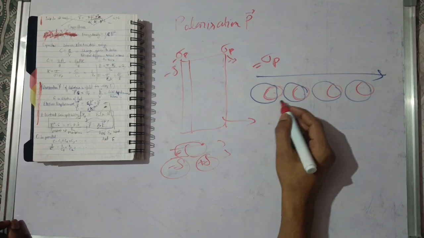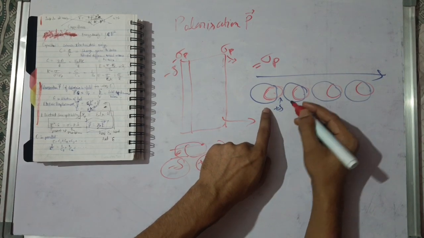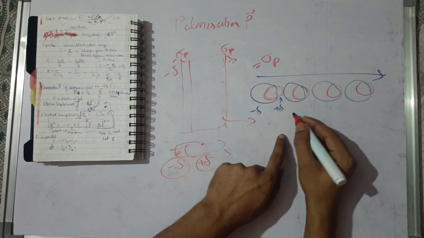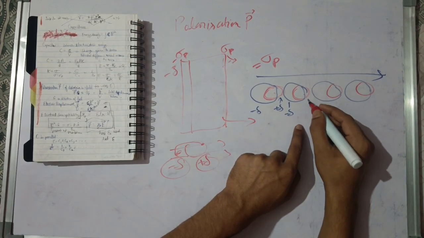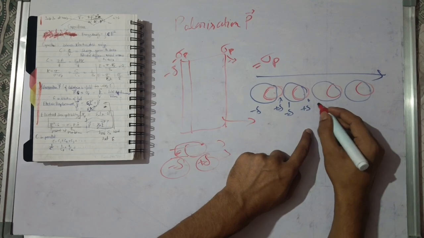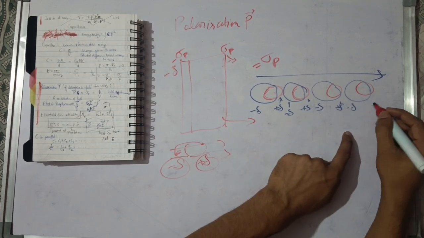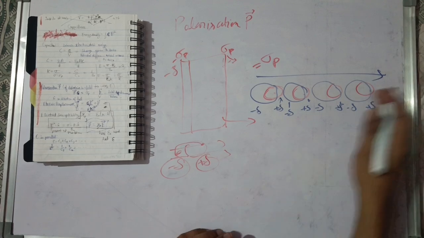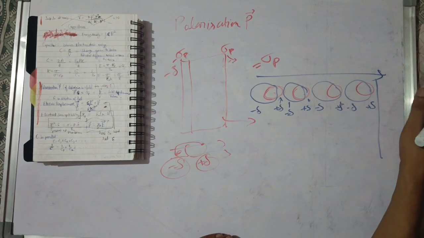If you see this atom, this part is partially positive and this part is partially negative, then negative, positive, again negative, and again positive, until we reach the plate and the end of the medium.